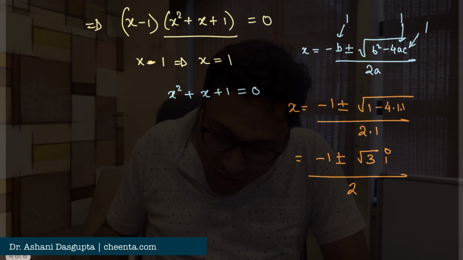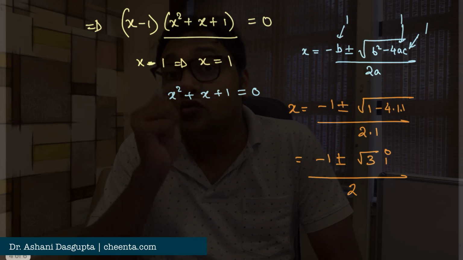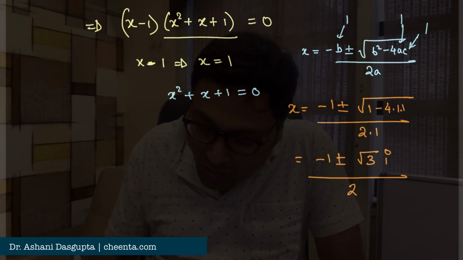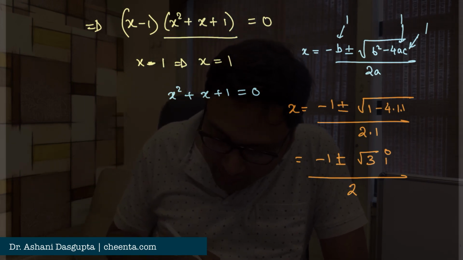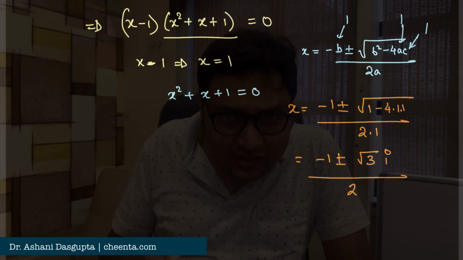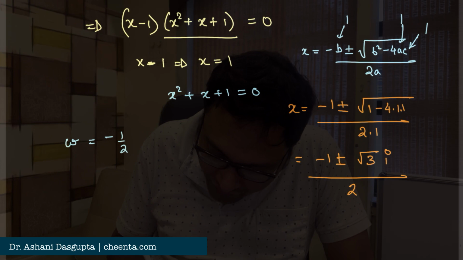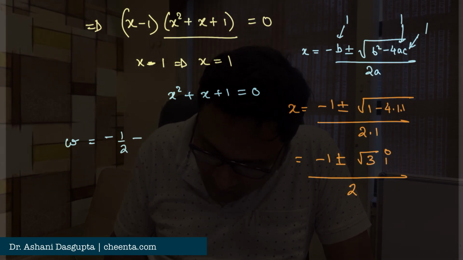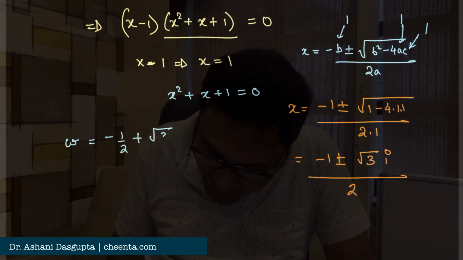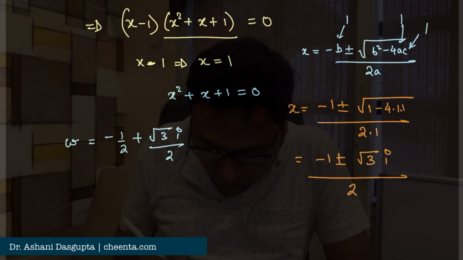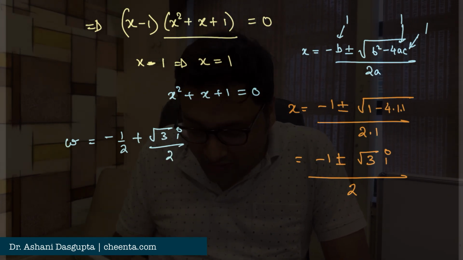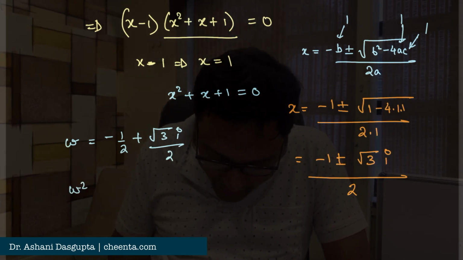So the two other numbers whose cube is 1 are sometimes in literature known as omega, which is minus half plus square root of 3i by 2, and then the next one is sometimes known as omega square.